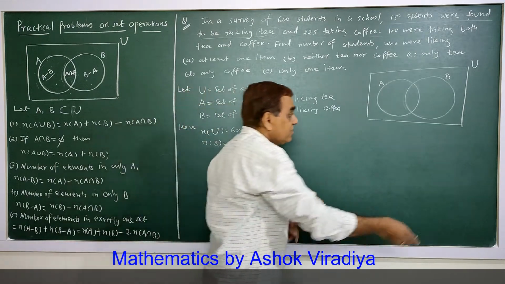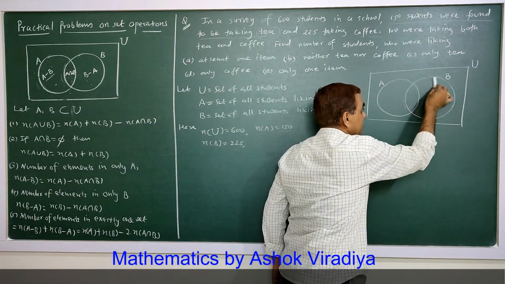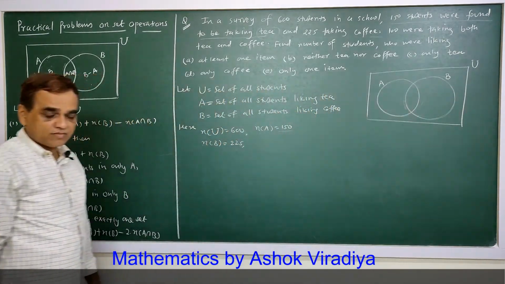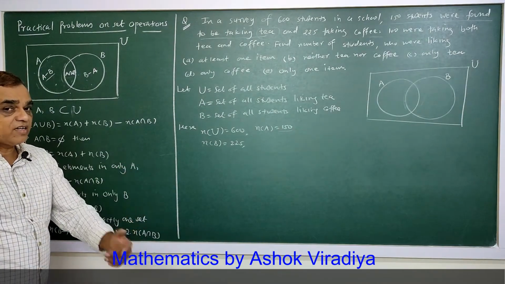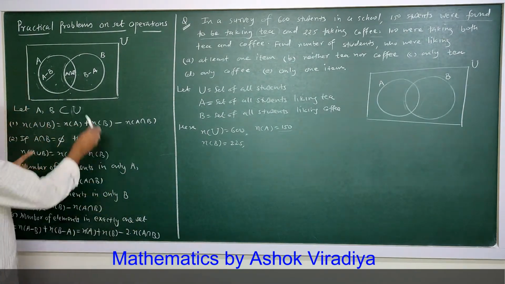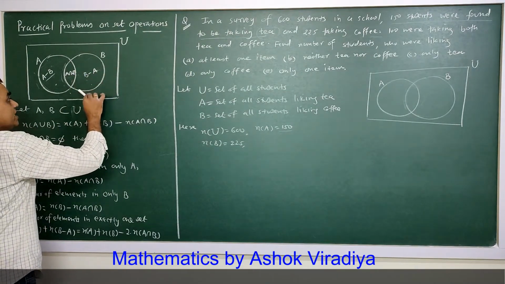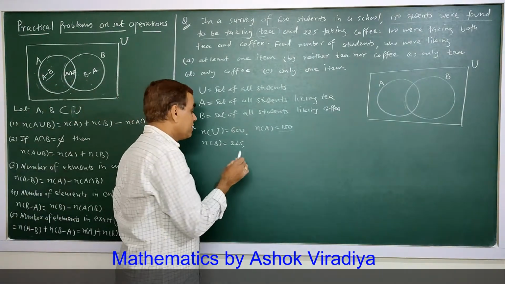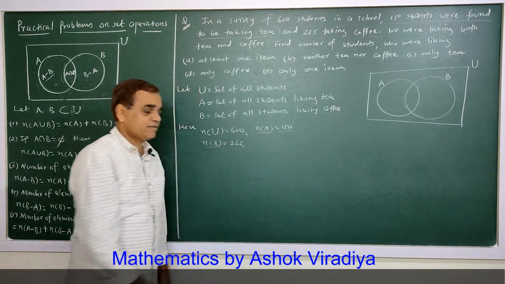In that case, only coffee means in this region there are 225 elements, that is B minus A, only in B. But here the word only is not given, so take N of A and N of B.